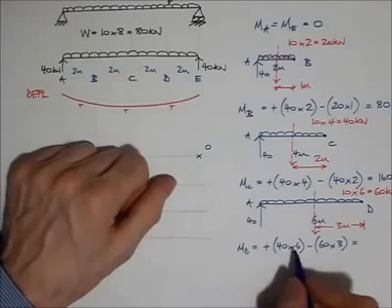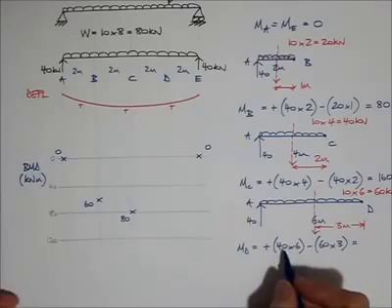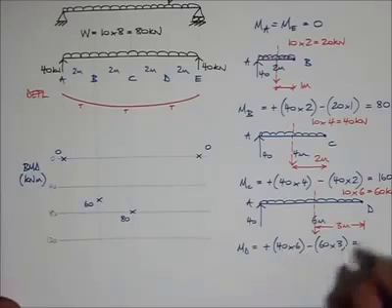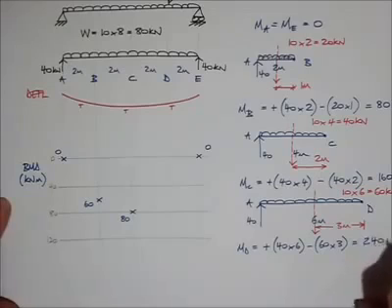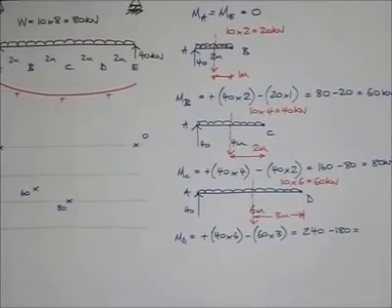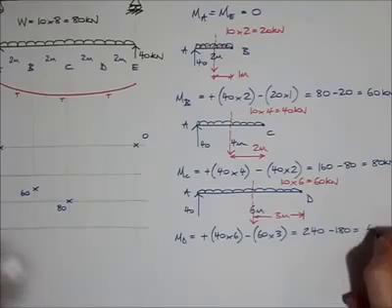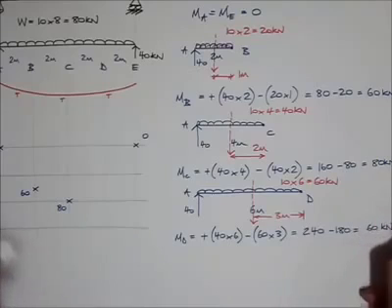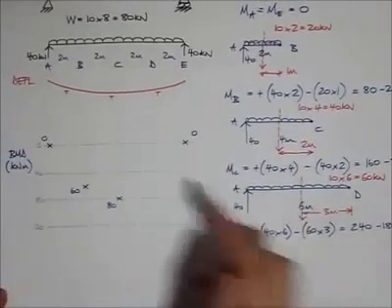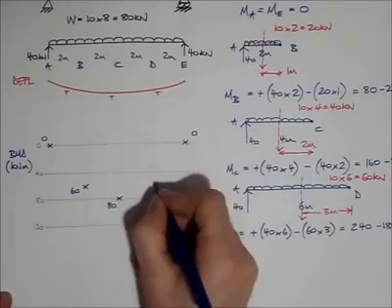And so the whole thing adds up to: 6 40s are 240, and 3 60s are 180, equals, what does that add up to? That adds up to 60 kilonewton meters. So let's add this onto my bending moment diagram now: 60 kilonewton meters.